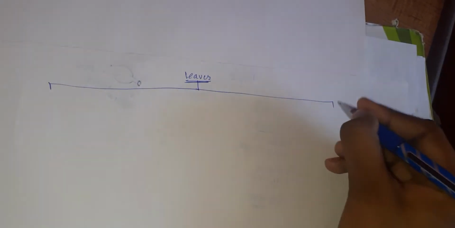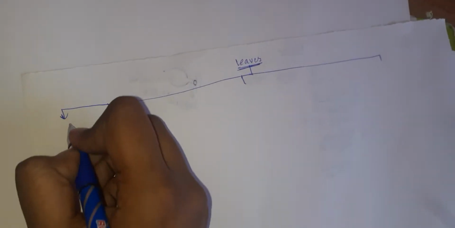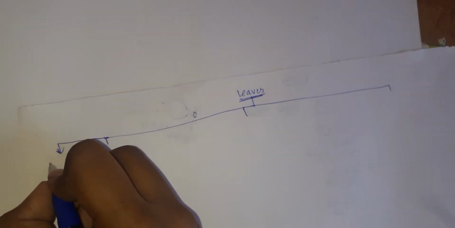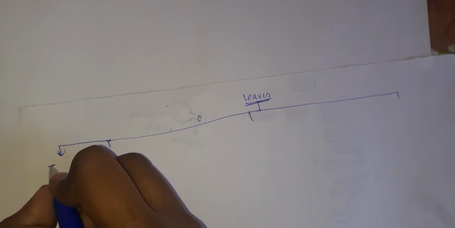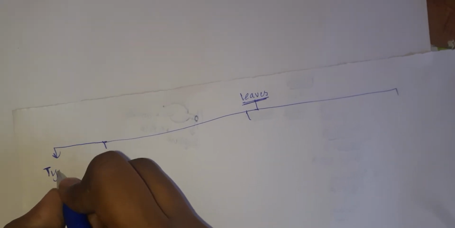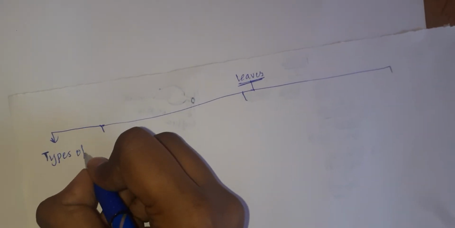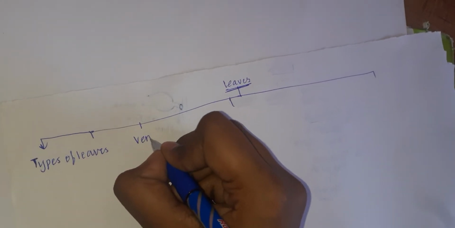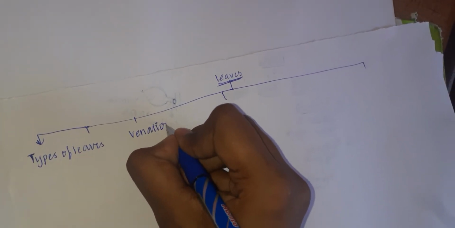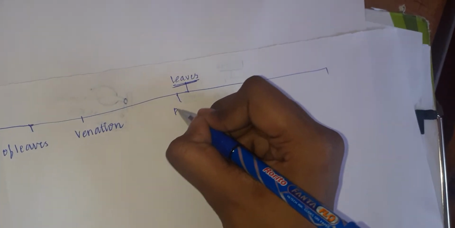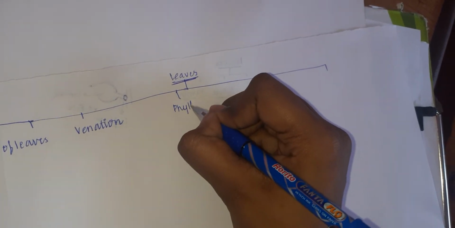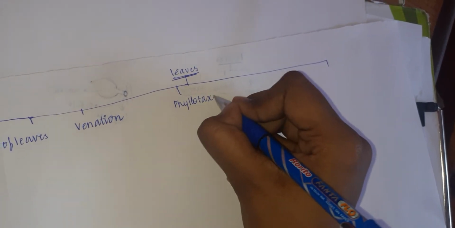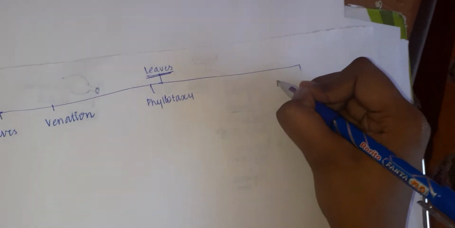First, you have to draw. Do it with me. You're going to love it. First, you have types of leaves, venation, phyllotaxy, and you have modifications.